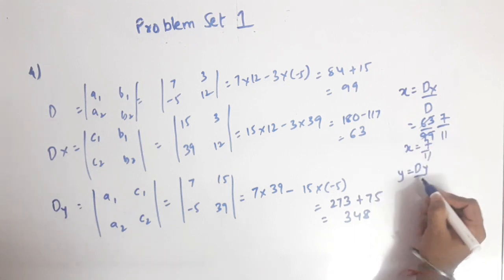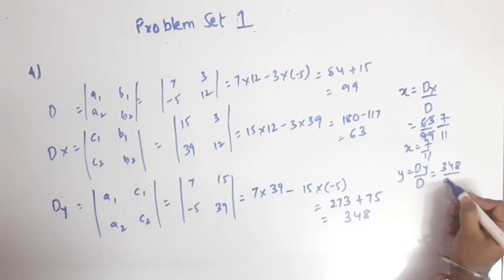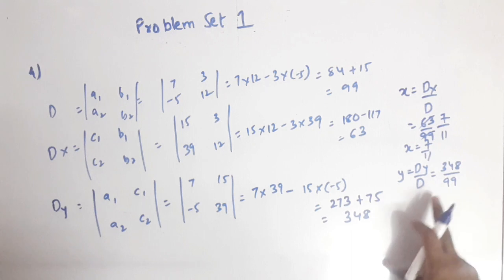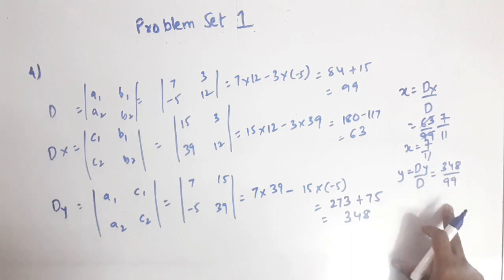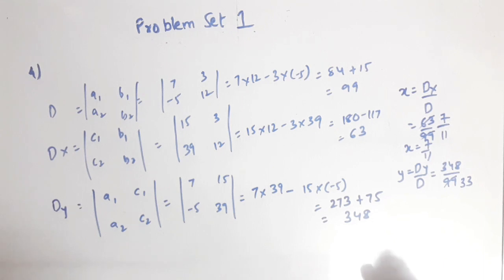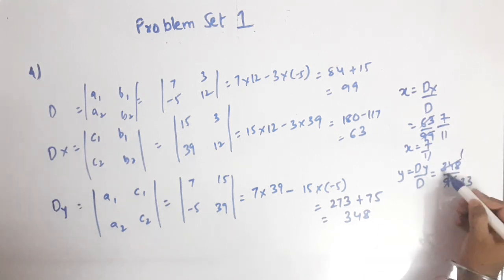Formula for y is dy by d, so dy I am writing 348 and d I am writing 99. You know, both can be cancelled. I cannot cancel them by 9, I can cancel them by 3. 3 3s are 9, 3 1s are 3.